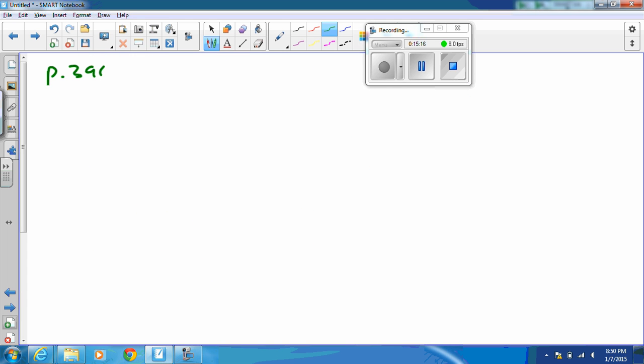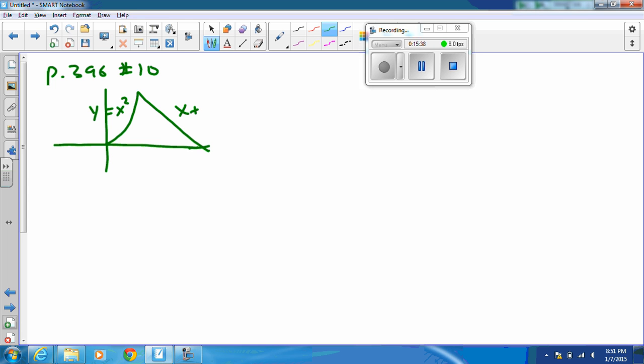Page 396, number 10. On page 396, number 10, we are given a region that looks like this, and it's bounded by three curves.